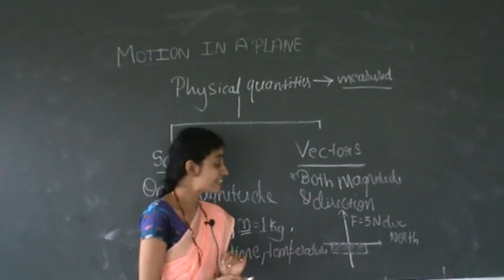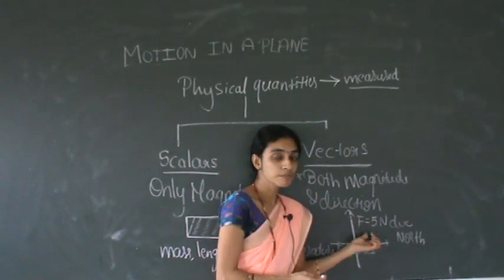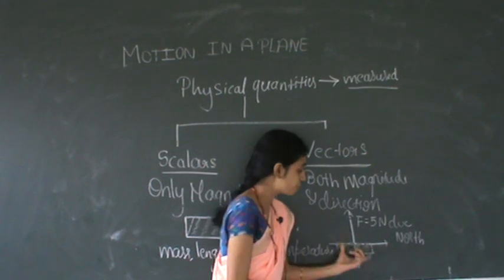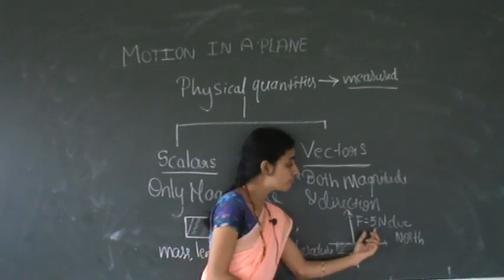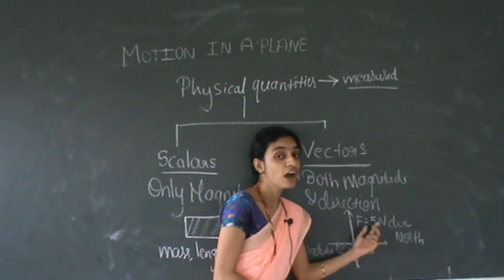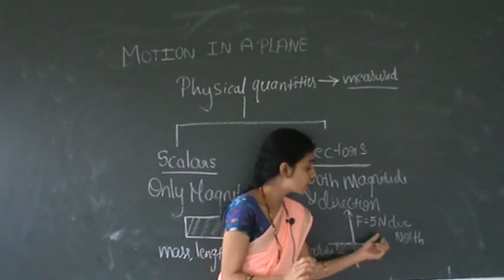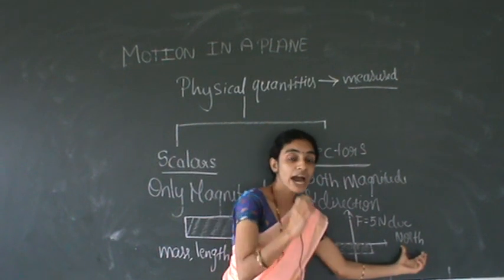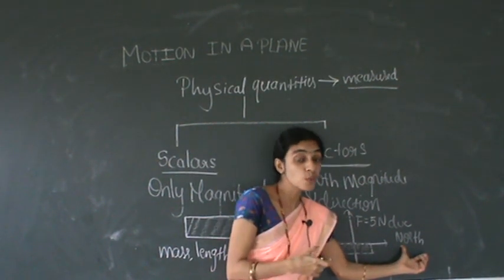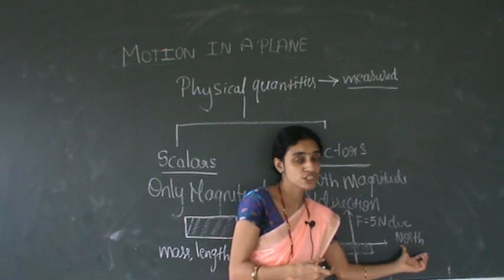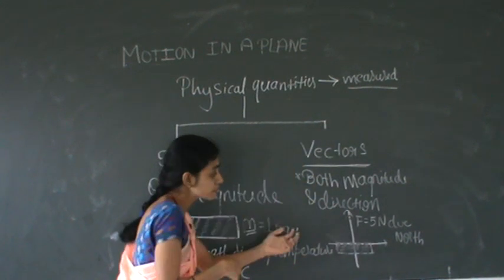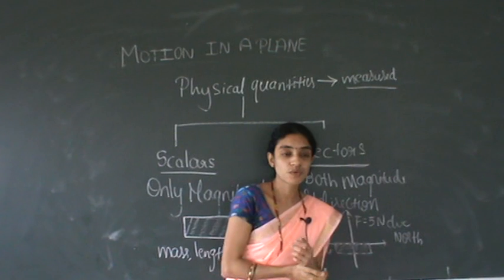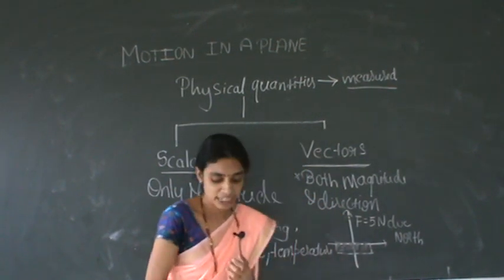So what it indicates here is that I am applying a force of 5 Newton to this block. 5 is the magnitude, N is the unit, and due north means I am moving this block towards the north direction.